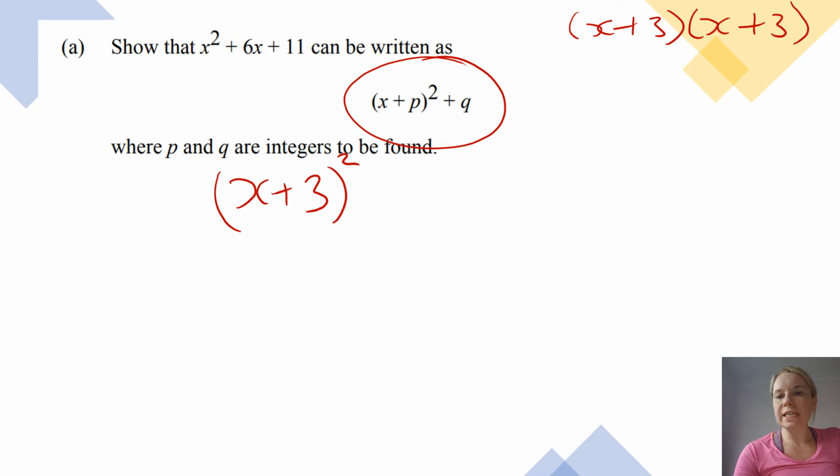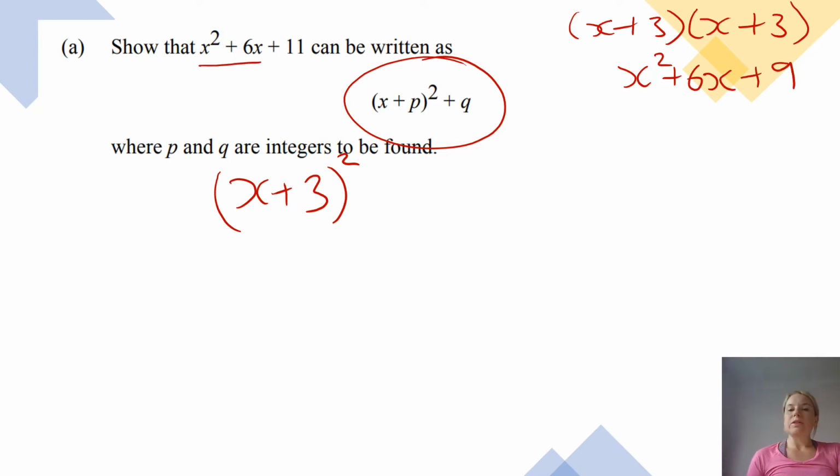If you actually wrote this out, you'd end up with your x squared plus 6x, which is this part here, but you'd also end up with a plus 9, because 3 times 3 is 9. So you end up with this 9 that you don't want. So you then minus the 9 away, so you minus the square of this number here.